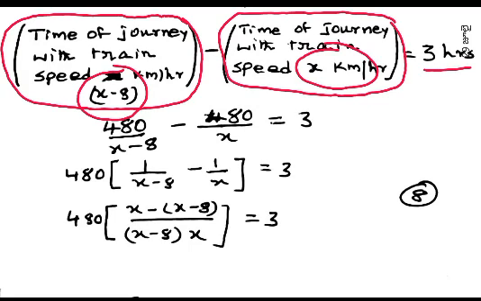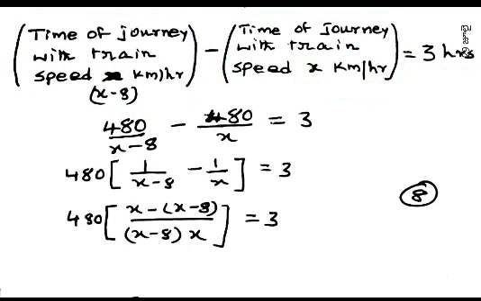This situation is written as time equals distance by speed. Distance is 480, speed is x minus 8 kilometers per hour. This is also the time to travel 480 kilometers with speed x kilometers per hour.